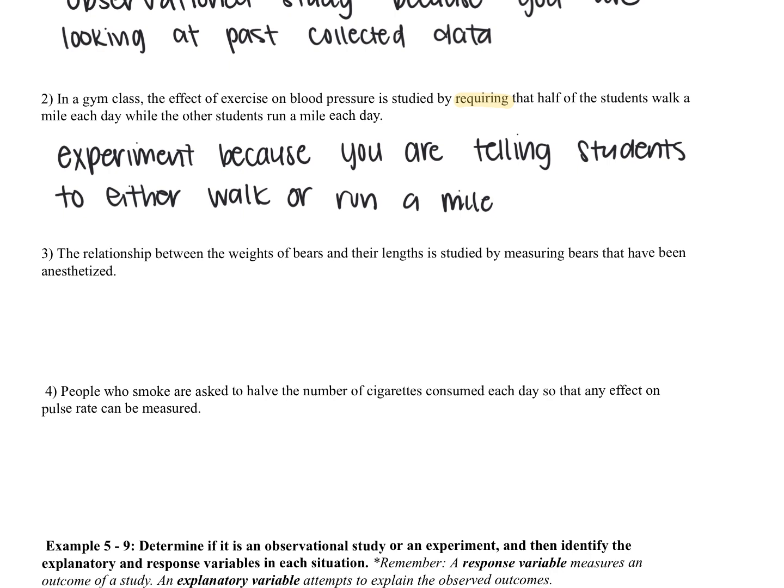Next, we have that the relationship between the weights of bears and their lengths is studied by measuring bears that have been anesthetized. Anesthetized just means they've been put to sleep, because you can't really ask bears to sit on a scale and take their length while they're awake. The key thing here is you're measuring. There's not really a way to look at the relationship between weights of bears and lengths in an experiment.